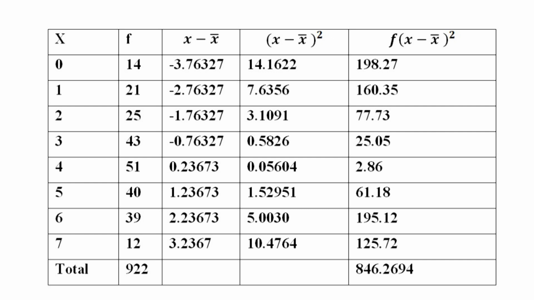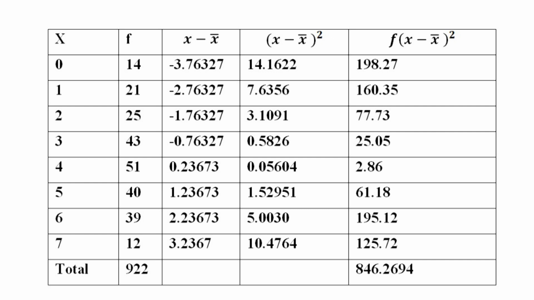Then multiply the values of column 4 with the frequency values in column 2. The values are 198.27, 160.35, 77.73, 25.05, 2.86, 61.18, 195.12, 125.72, which are entered in column 5.